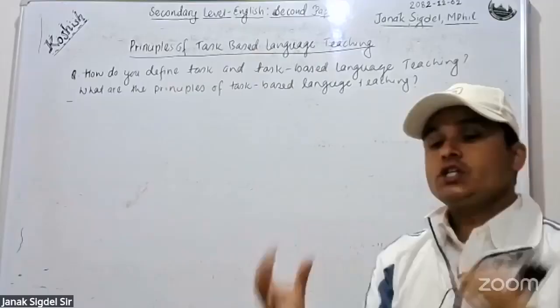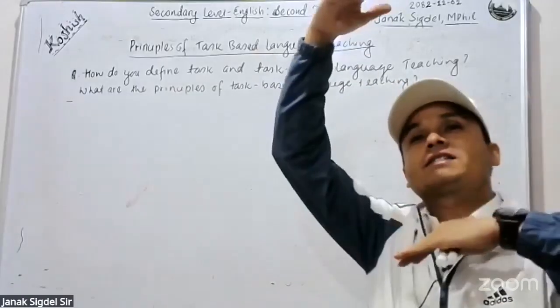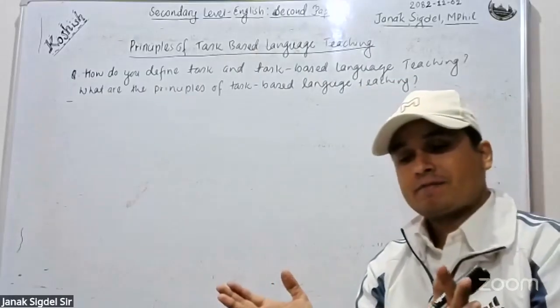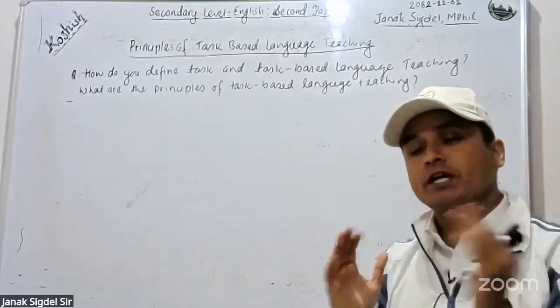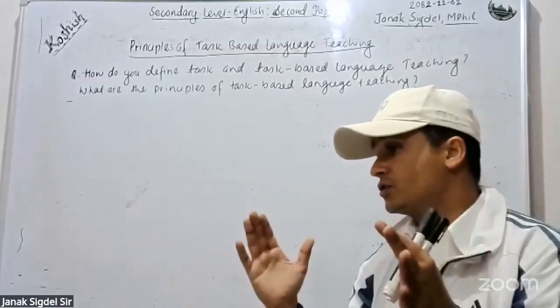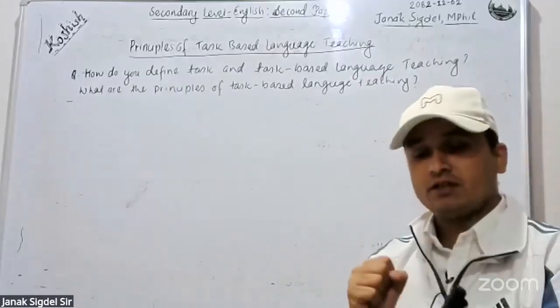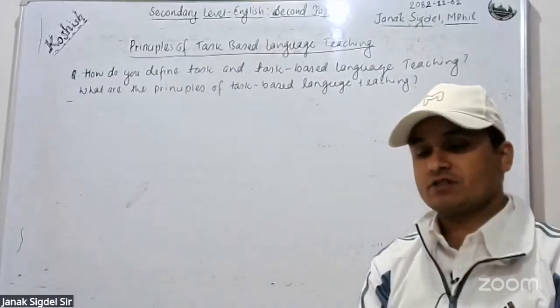And then teachers should maintain the difficulty level of the tasks. It should be according to students' level, right? So there should be exposure to authentic language according to task-based language teaching.